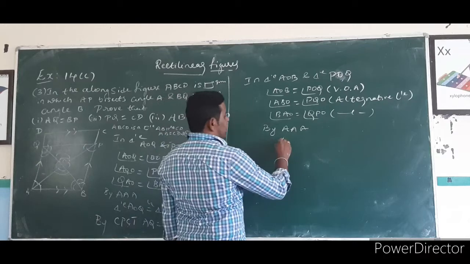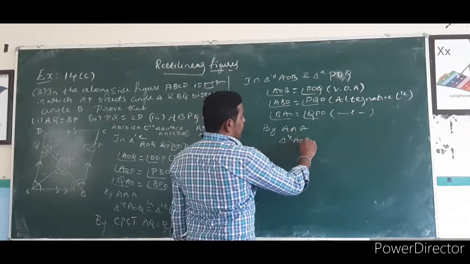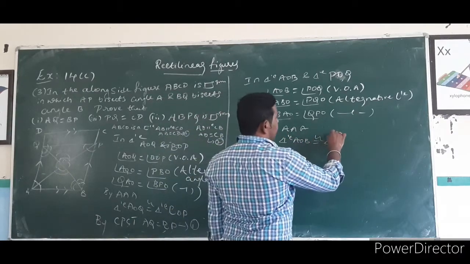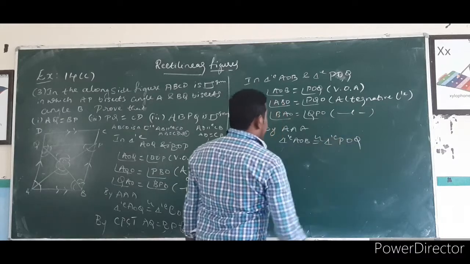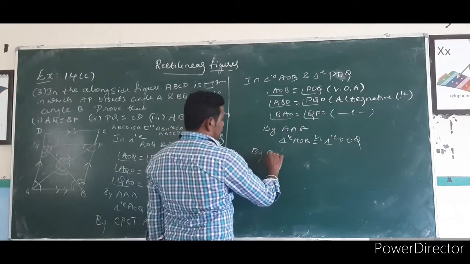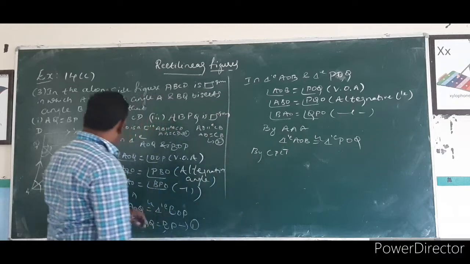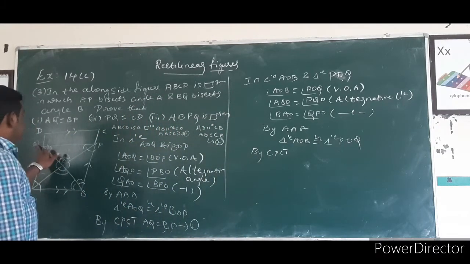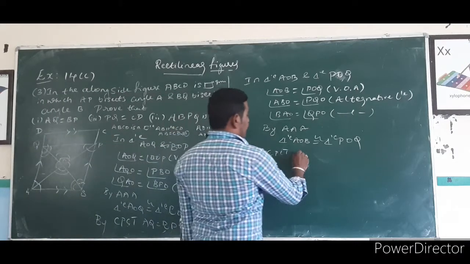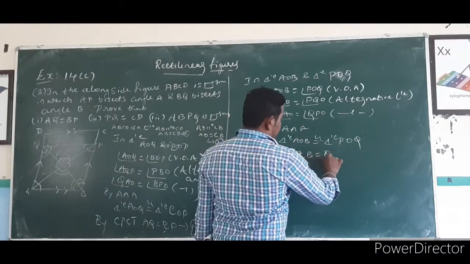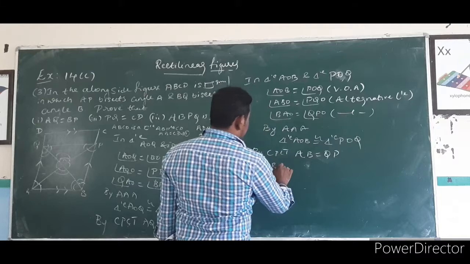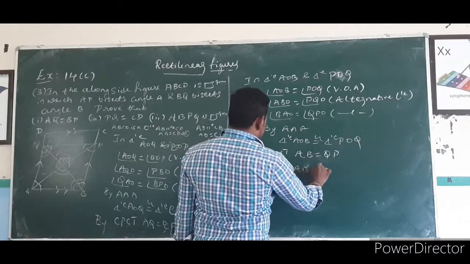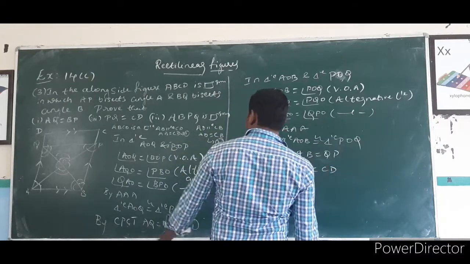So triangle AOB is congruent to triangle POQ by CPCT, corresponding parts of congruent triangles, AB equal to QP. But we know that AB equal to CD also.